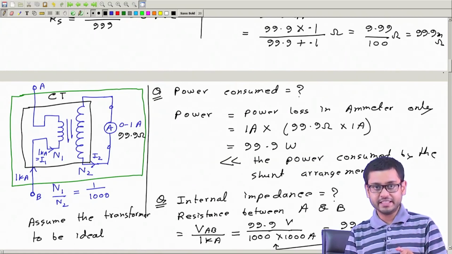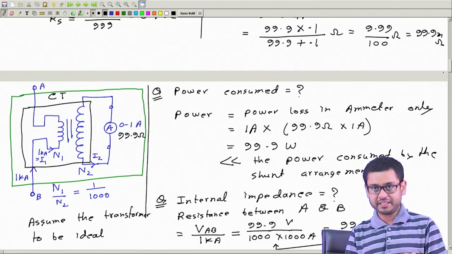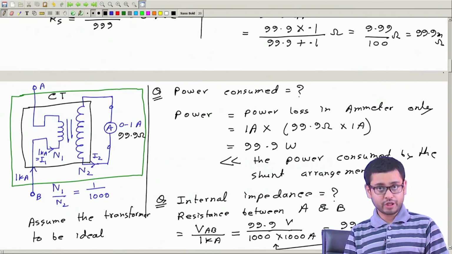And here we see, if we use a CT current transformer, then the measuring instrument has much smaller internal impedance compared to a shunt scheme. And we also have seen the power loss in the measuring instrument is also much smaller.